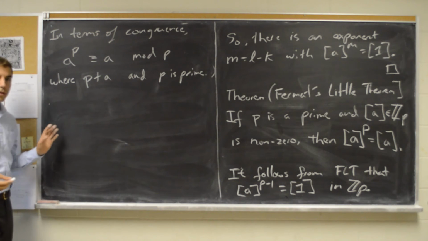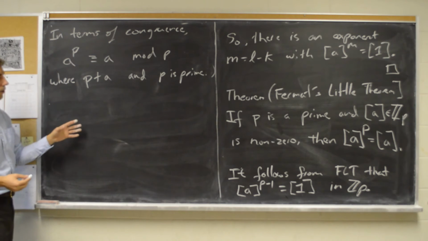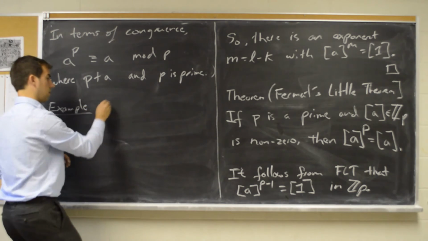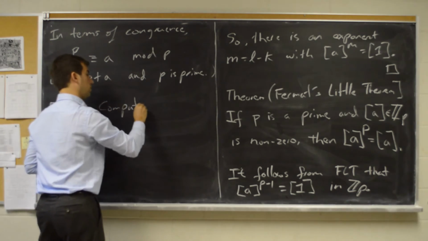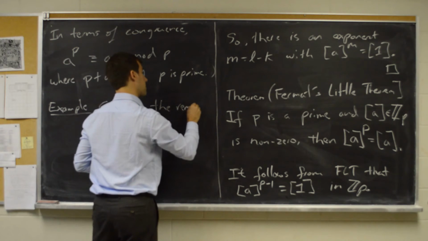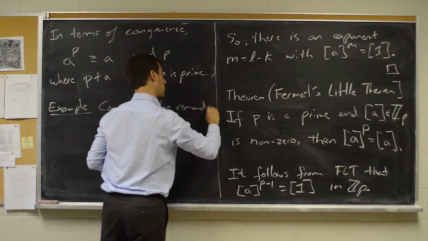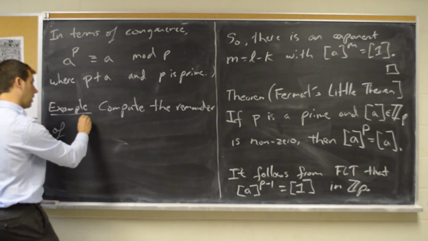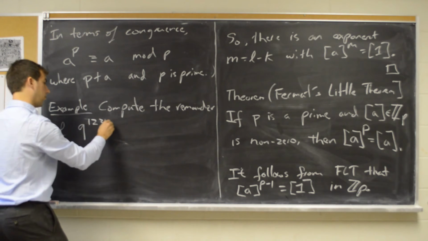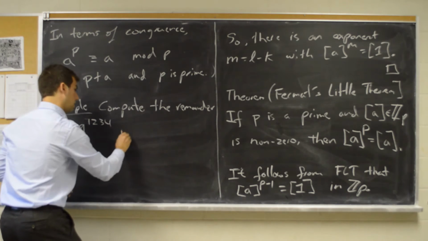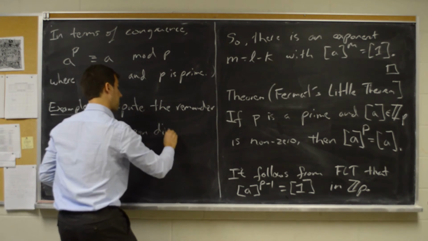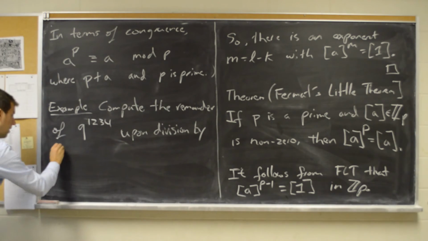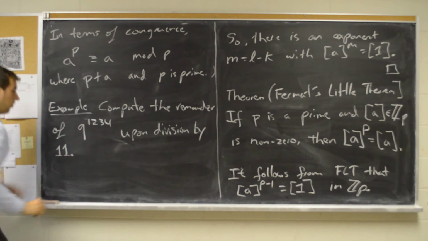Okay, so let me use an example of the power of this theorem. The question is, compute the remainder of 9 to the 1234 upon division by 11. This is a really large number.